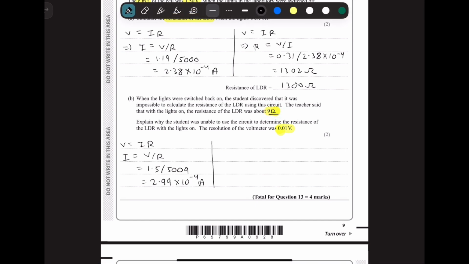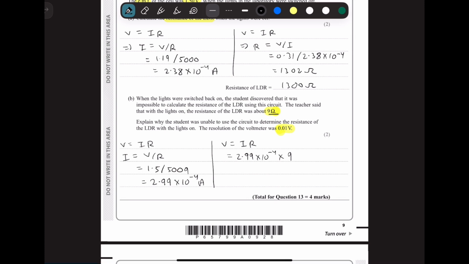By simplifying the voltage across the LDR, V equals I times R, which is 2.99 times 10 to the power minus 4 times 9.